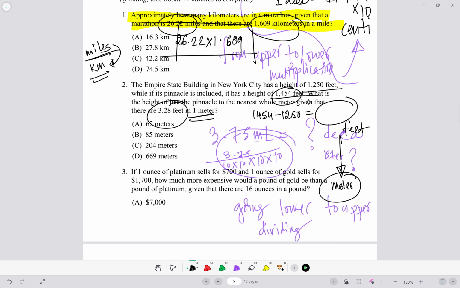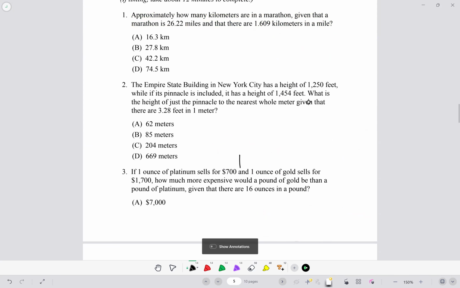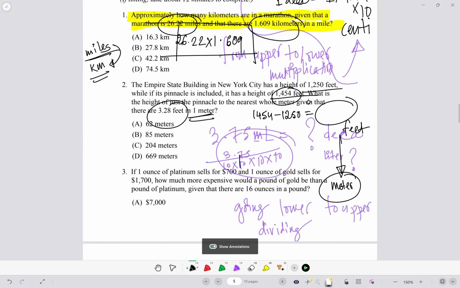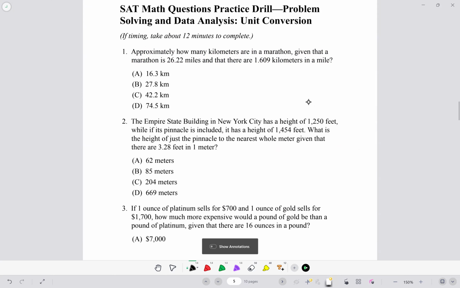We're getting some numbers in feet, and how can we find the answer? For example, if we subtract 1,454 minus 1,250, you're going to get an answer, right?